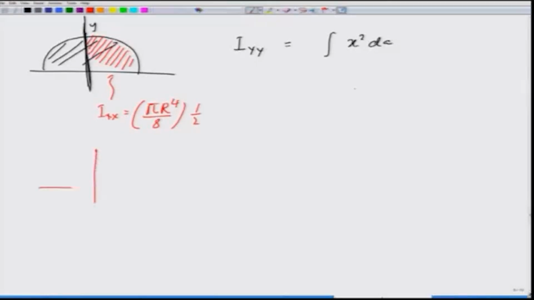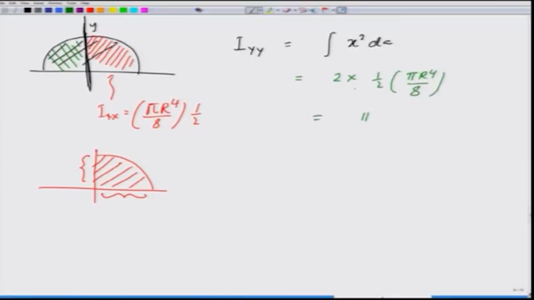But for a quarter, whether I take the moment of area about this axis or this axis is the same, and therefore both quarters, the one shown with orange and the other shown with green, have the same moment of area about the y axis. Therefore, this will become 2 times 1/2 pi r raised to 4 by 8, the same answer as pi r raised to 4 by 8.